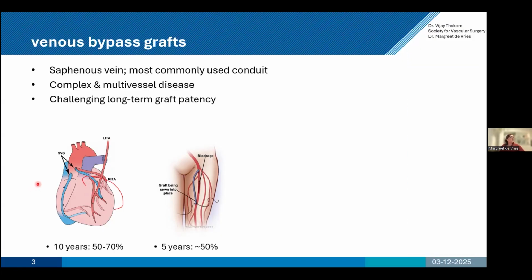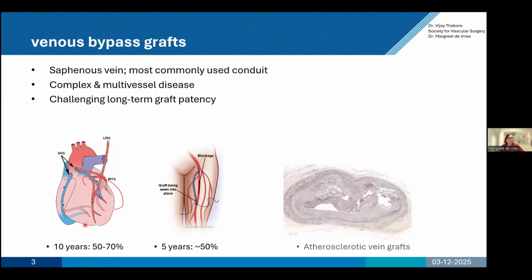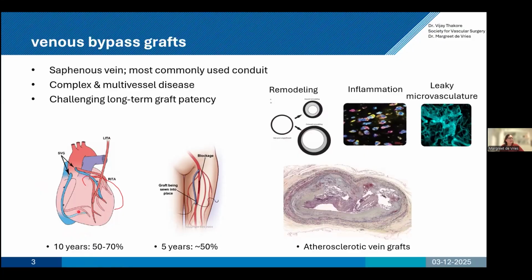This is challenging in the long term because often these vein grafts fail within 5 to 10 years, and this can be up to 50%, mostly due to a form of accelerated atherosclerosis in these vein grafts. Processes involved in this are remodeling, inflammation, and, as I show you today in this webinar, leaky microvasculature in the vessel walls.